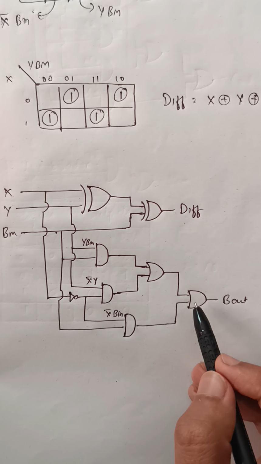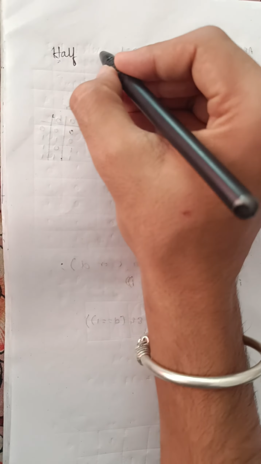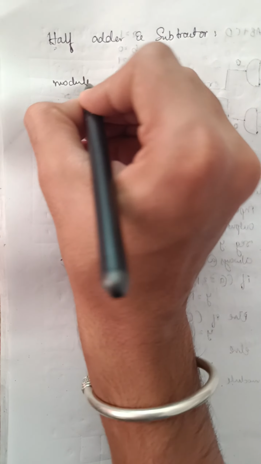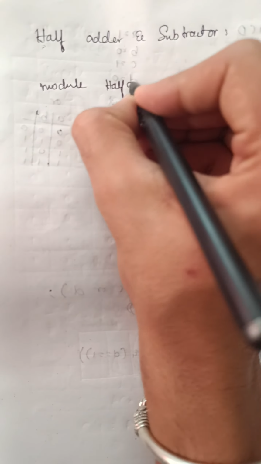Now we are writing the Verilog HDL program for half adder and subtractor. The first module name is given as half adder and subtractor.